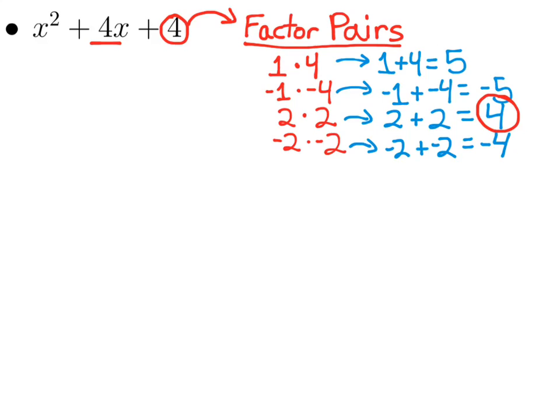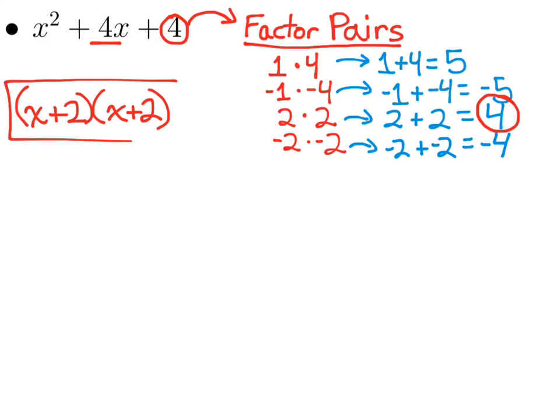We found it. It was the one with 2 and 2, so the answer is x plus 2 times x plus 2. If you're feeling spunky, you could FOIL that back out, and you'd see that that's in fact correct. Let's do another one.